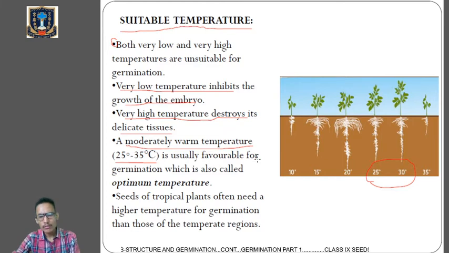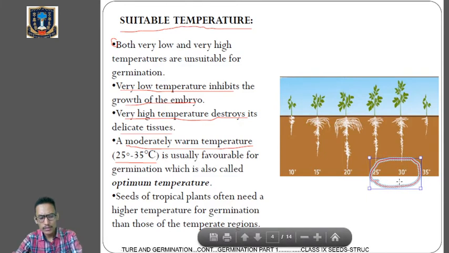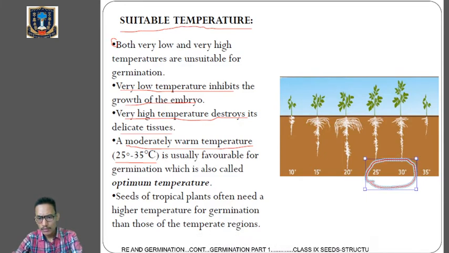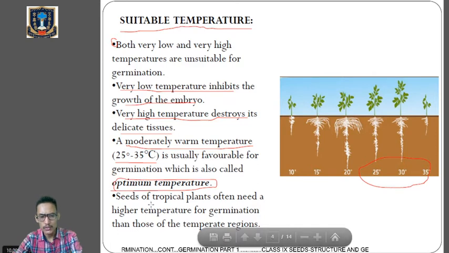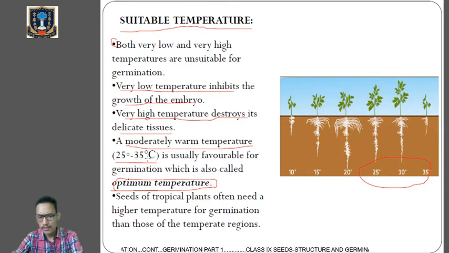This particular range of temperature, between 25 to 35 degrees Celsius, is known as the optimum temperature. Clear? So optimum temperature means 25 to 35 degrees Celsius, which is favorable for germination.